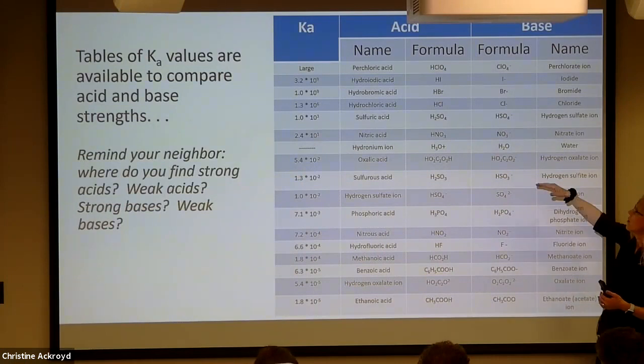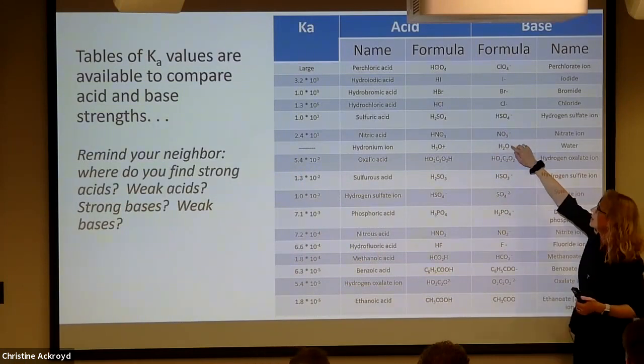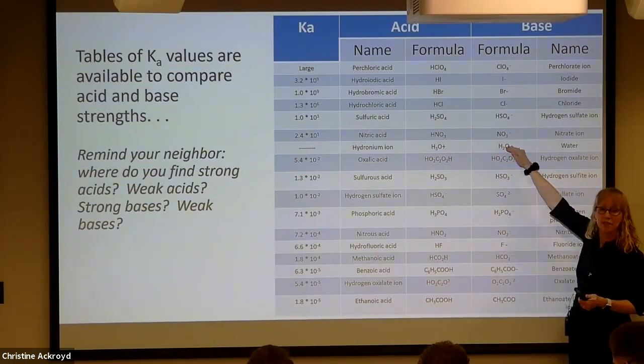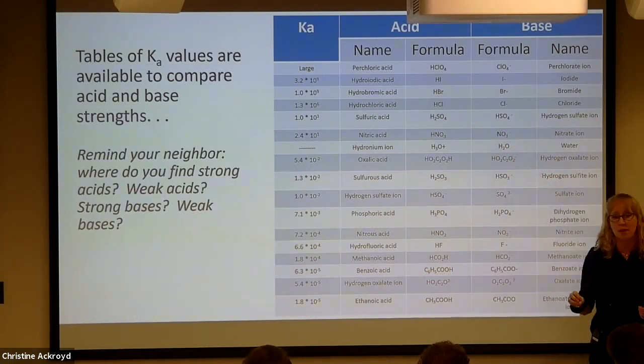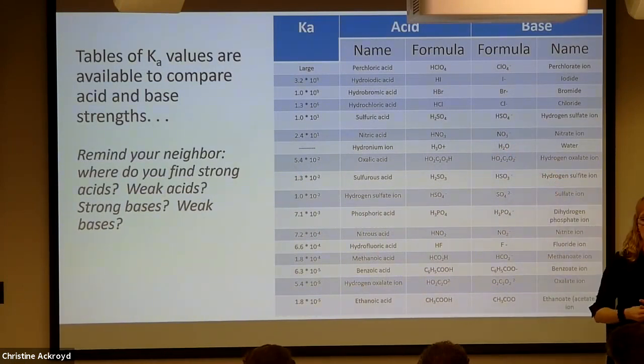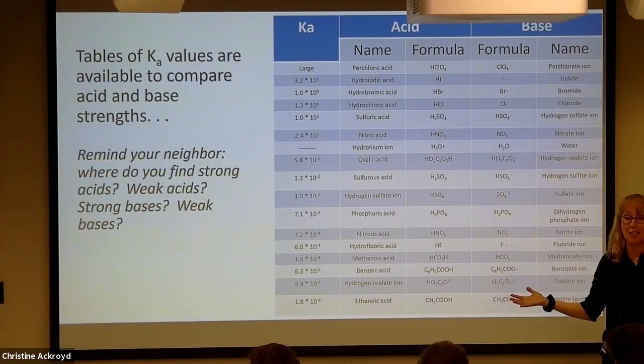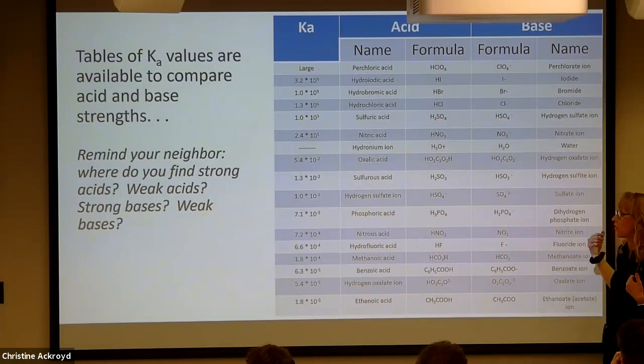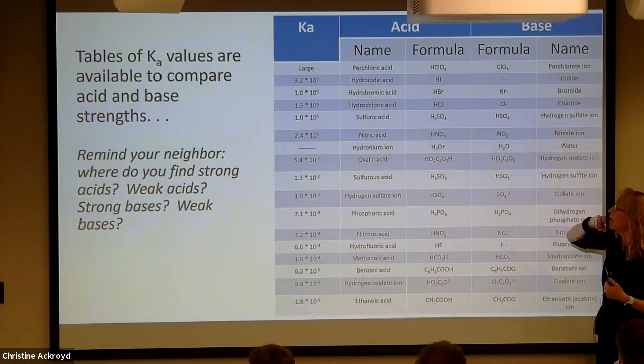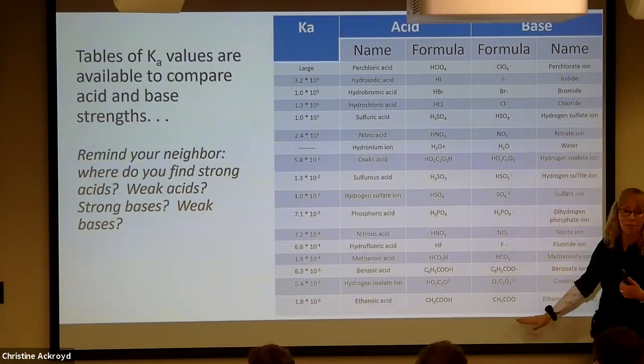Okay, these conjugate bases of strong acids, are they a strong enough base to do anything in aqueous solution? They don't even react in aqueous solution, they just sit there, which is why the equilibrium lies far to the right and why those are all strong acids. Okay, as you go down the table, what happens to your base strength? It gets stronger.